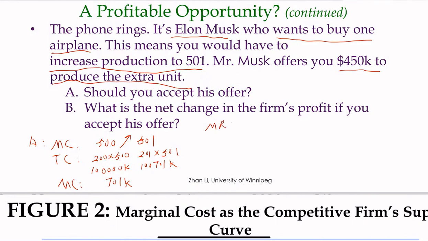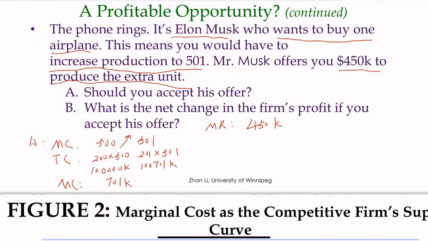Now let's talk about marginal revenue. By definition, marginal revenue is the additional revenue you can get from one additional output. Here, if you produce one additional airplane, then you can sell it for 450K. So here, marginal revenue is 450K.